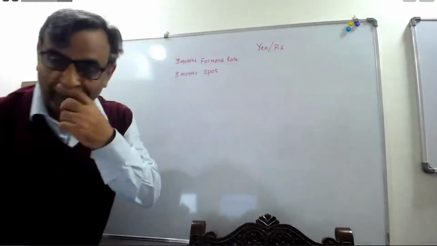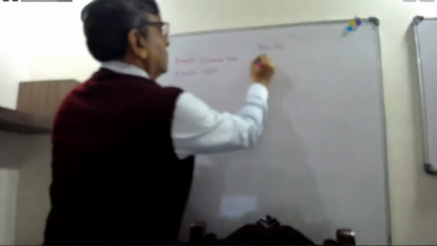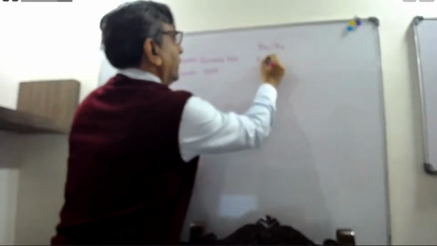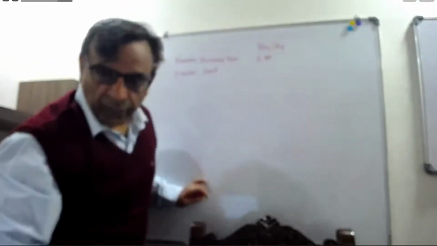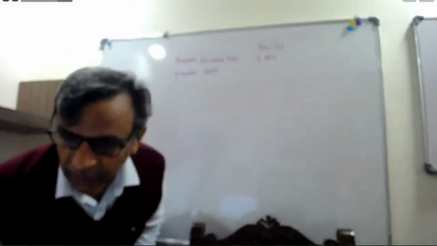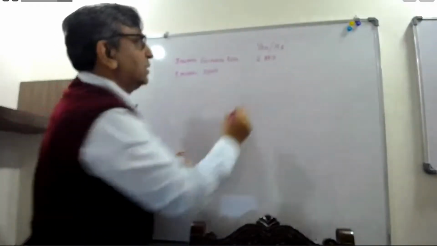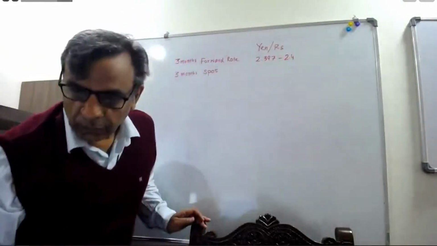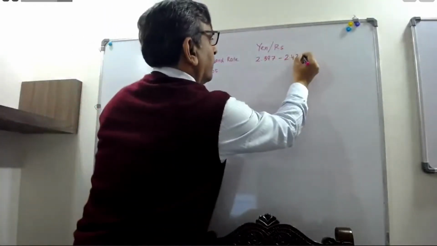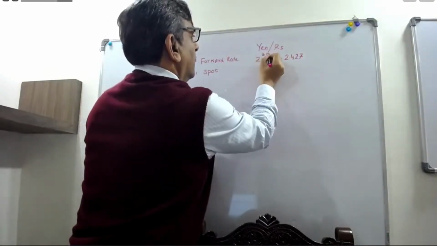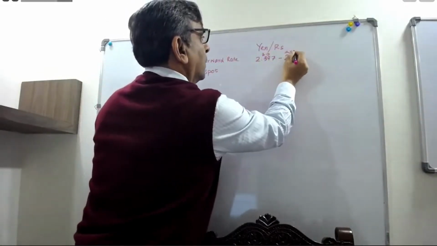Let's take one rate first: 2.397 and 2.427. This is the bid and this is the ask.